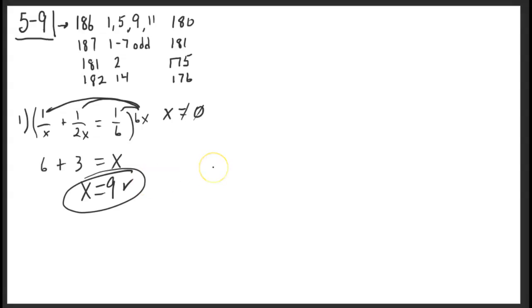Okay, on the next page, either page 181 or page 187, the problems there, you're doing 1, 3, 5, and 7. And I think I'm just going to leave those for you to do.